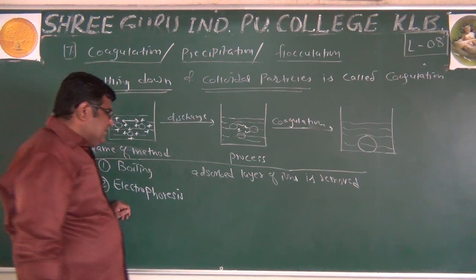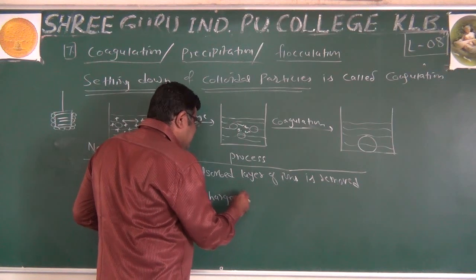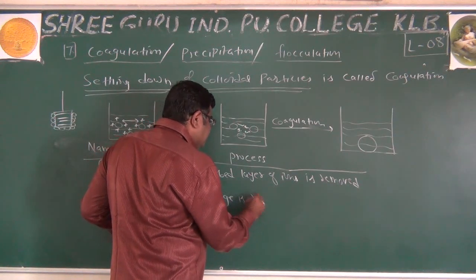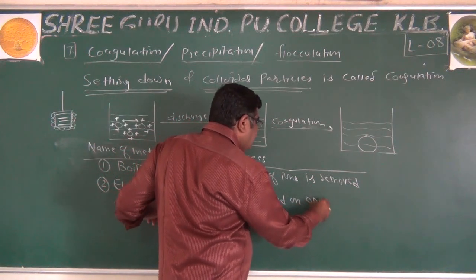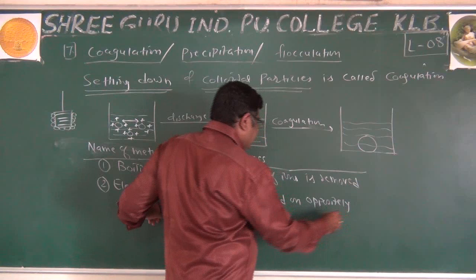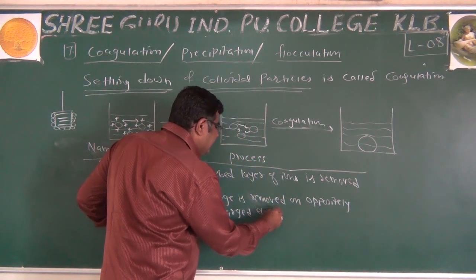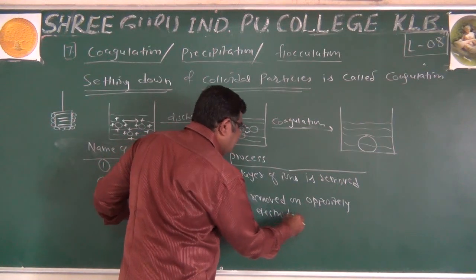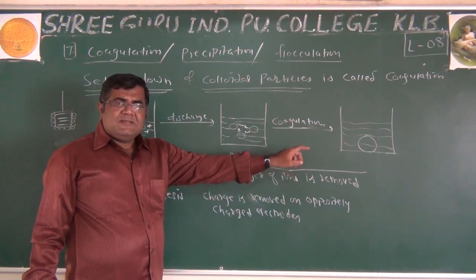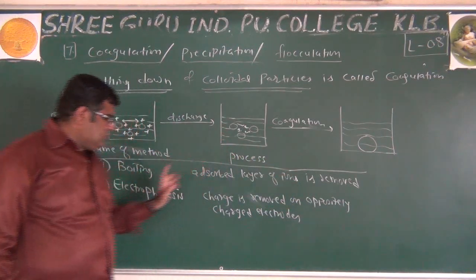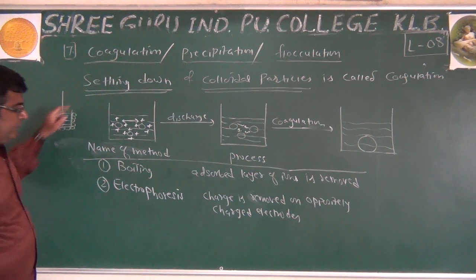So in electrophoresis, charge is removed on the oppositely charged electrode, they get discharged. The colloidal solution becomes unstable and colloids get coagulated. So electrophoresis is one of the methods of coagulation.